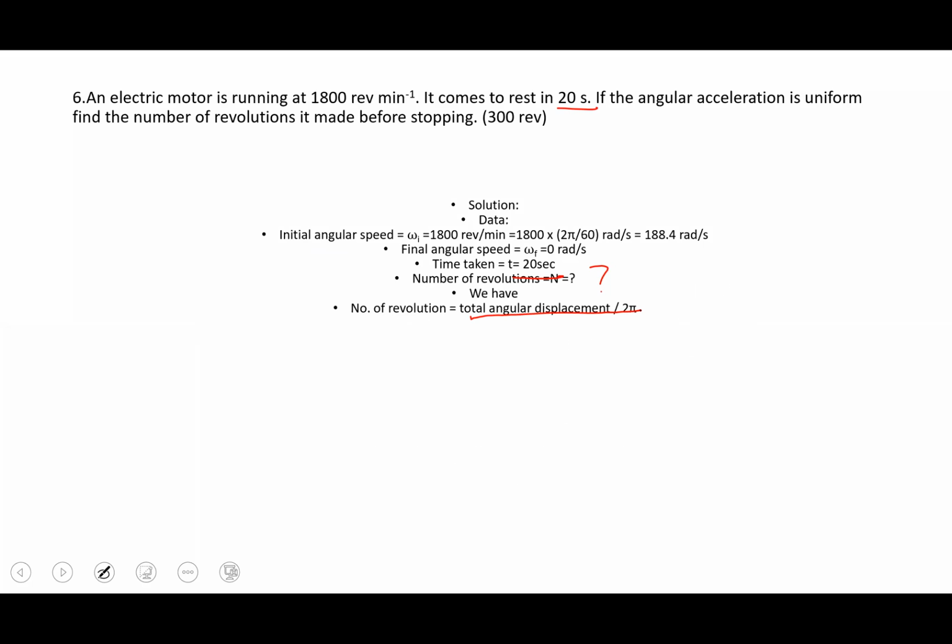That means how much revolution per whole rotation. So n is equal to theta by 2 pi. This is the formula. We now have alpha is equal to omega f minus omega i divided by t. This is the first equation of motion in angular form.